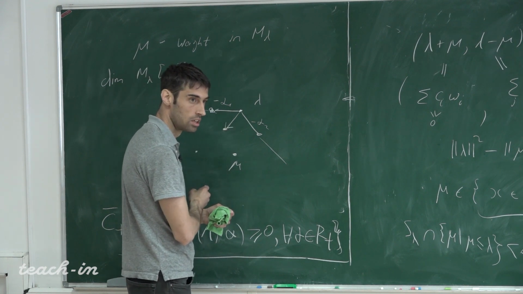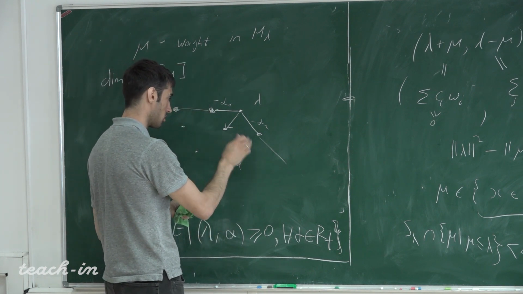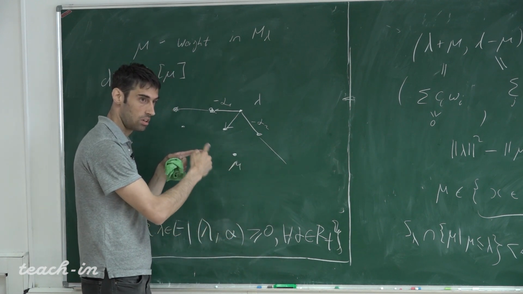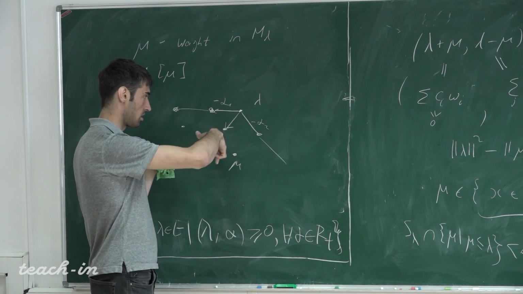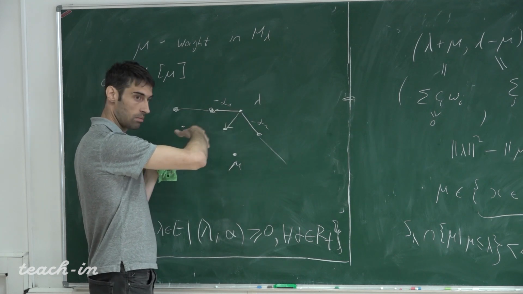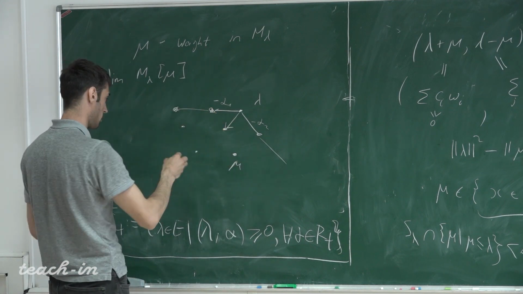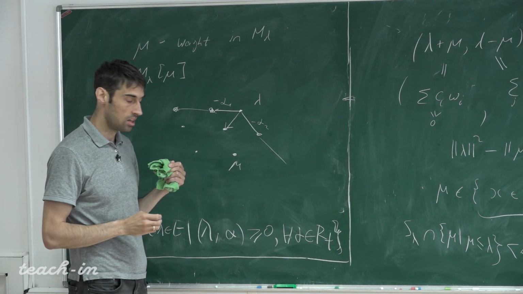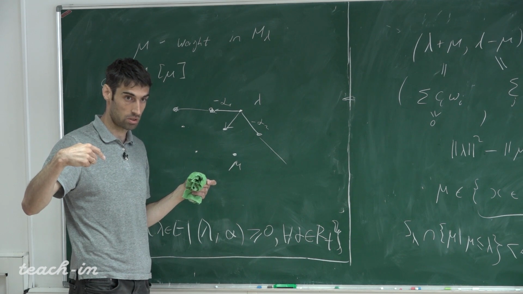So let me consider all possible points in lambda minus this, in all possible ways of the Verma module, and draw all possible edges with arrows.